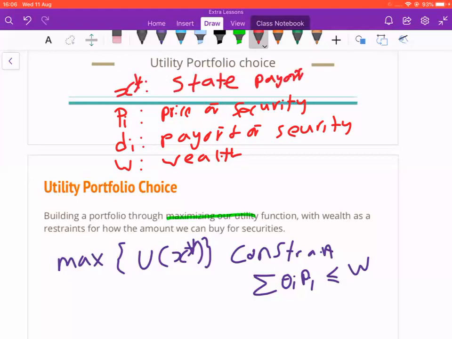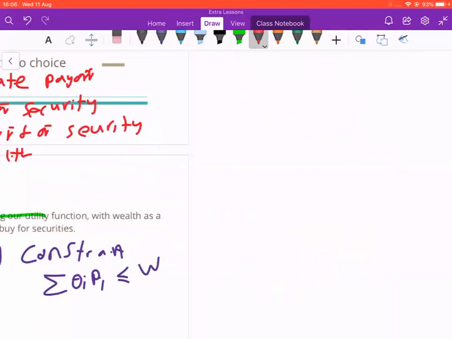In order to understand this, let's say maybe we have two securities. We have security one, which has price one and has two payoffs. I will say the payoffs are A and B under the states.